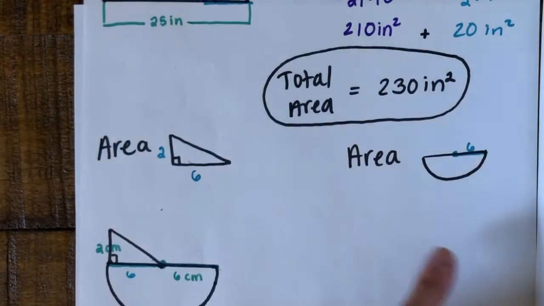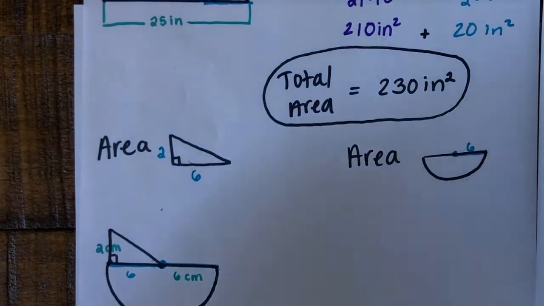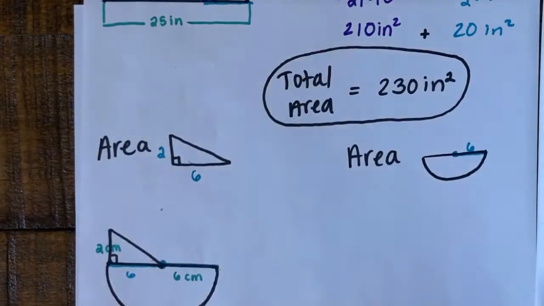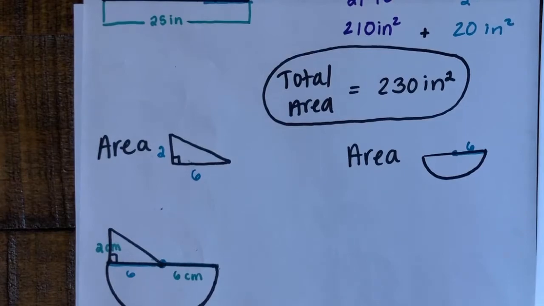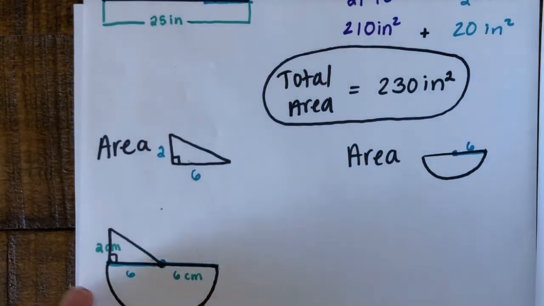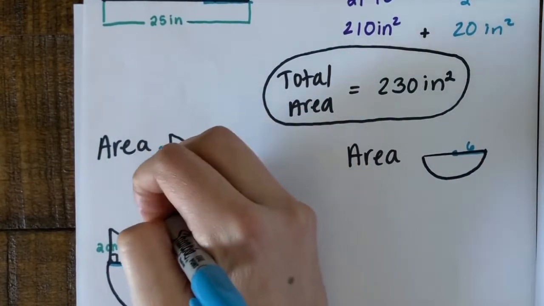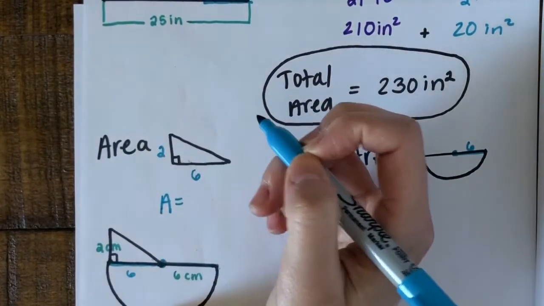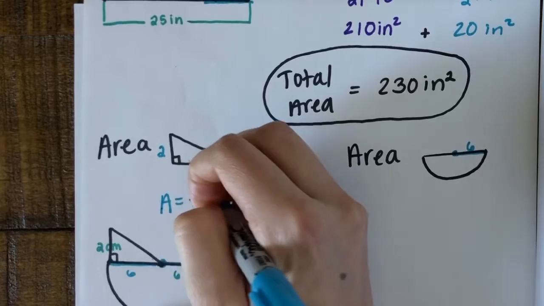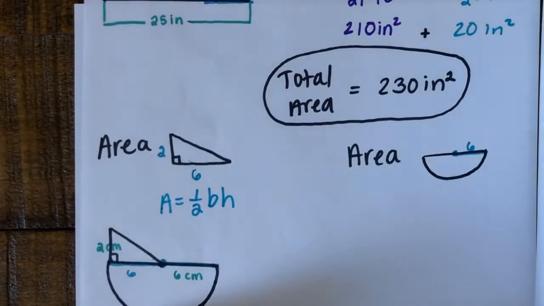Sometimes I like to recopy these drawings over with just their important measurements for each part of my shape. And now I'll find the area of each. So the area of my triangle is half base times height.